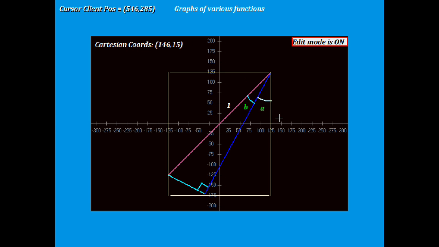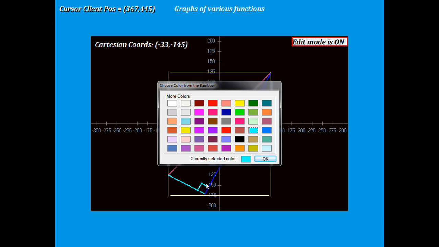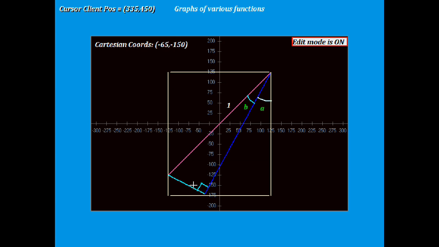Okay? Now, what you can say about this picture here is that this angle is going to be A, has to be, right? Just because opposite angles are equal or something like that. It's very easy to show that this is the same as this. I want a slightly different color.